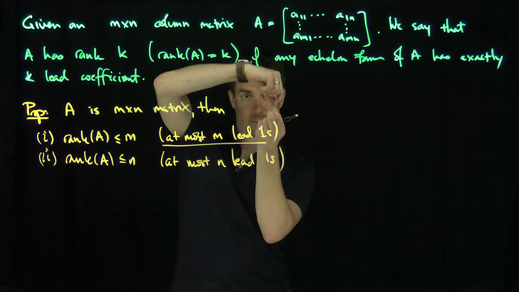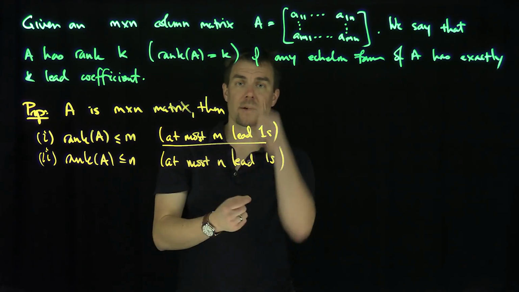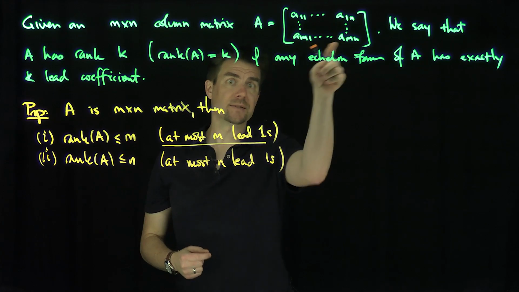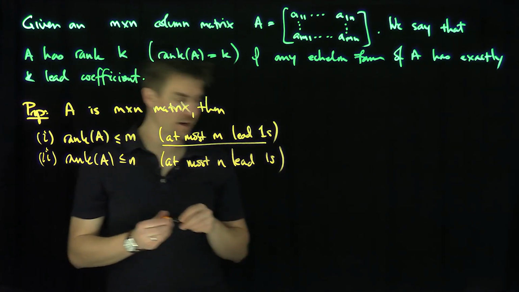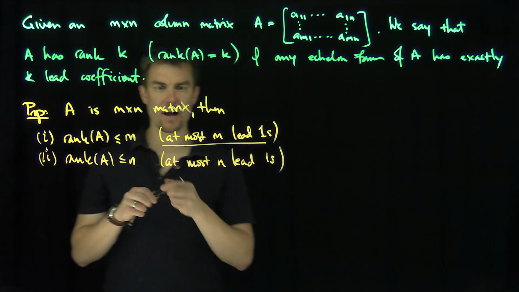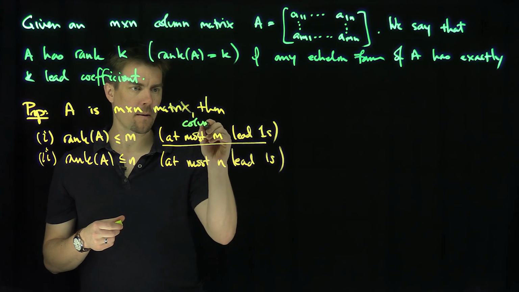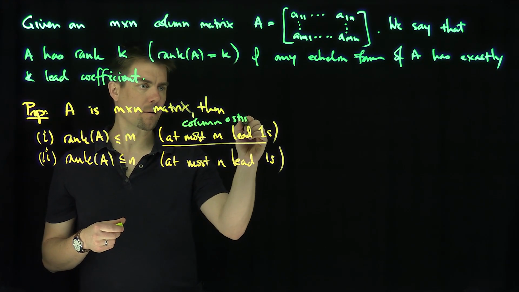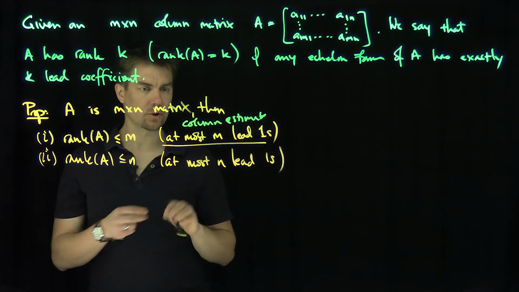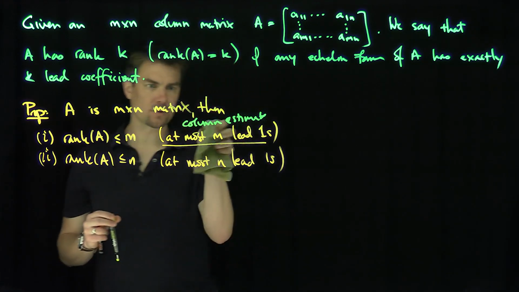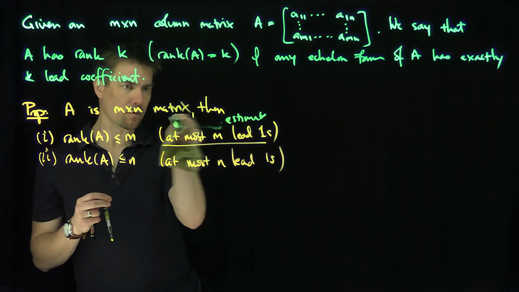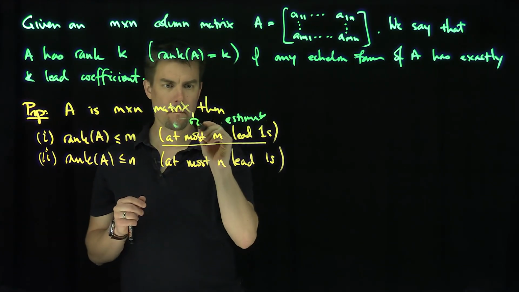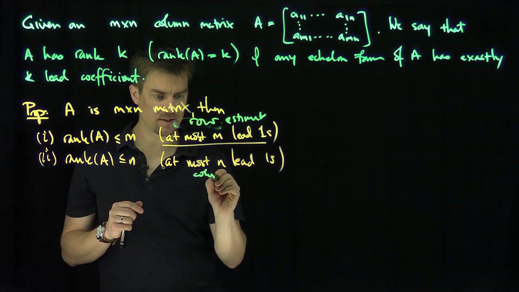If I take a lead 1, I can put all zeros above it, and so that says it's unique to the columns as well. So n's the columns and m's the rows. Excuse me, the first is a row estimate, not a column estimate, and this over here is a column estimate.